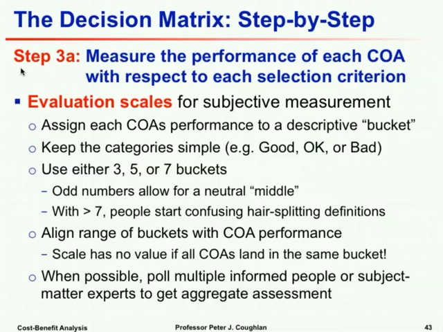You also don't necessarily want to have more than 7. Even if you keep the odd number, like 9 or 11, when you start to have 11 different buckets, really, what is the difference between putting it in bucket 7 versus bucket 8? You're making hair-splitting distinctions that will not make your conclusion any more clear.